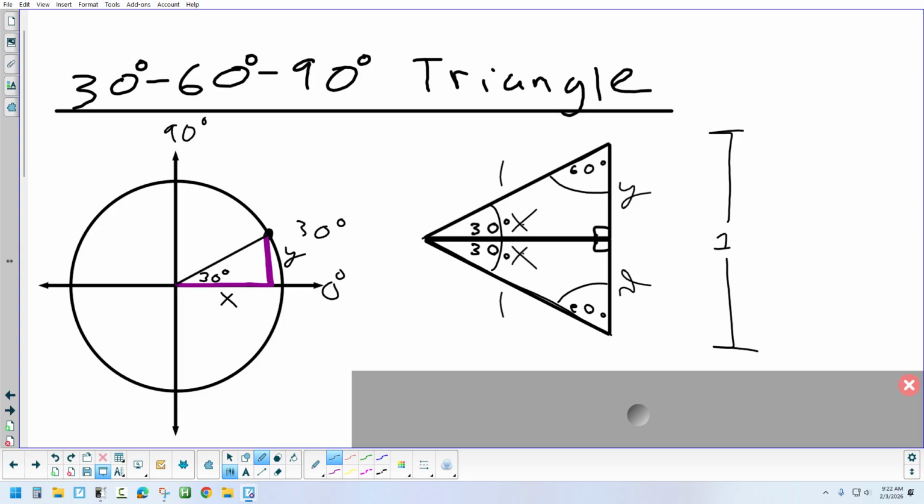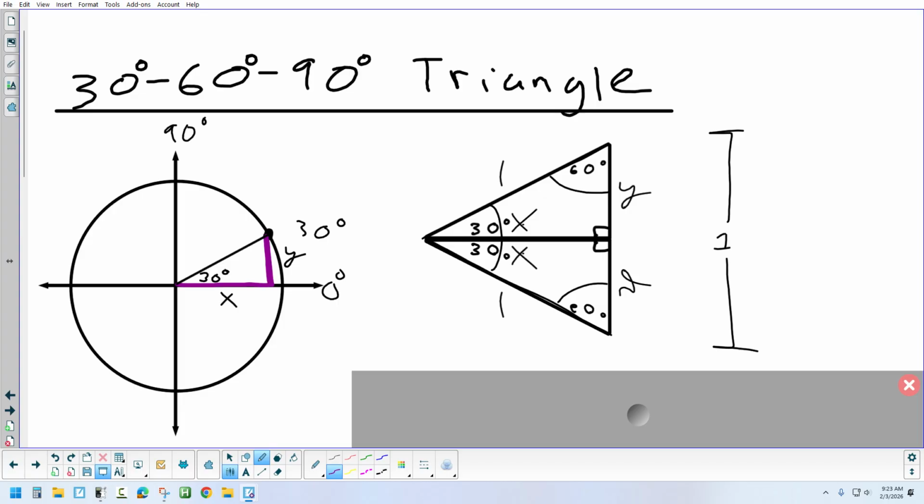And what else do we know about the top part and the bottom part of the equilateral triangle? What do we know about the top part of the equilateral triangle, this one, and the bottom part? Oh, they're the same. What's the same? Everything.